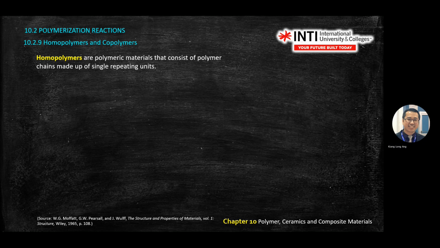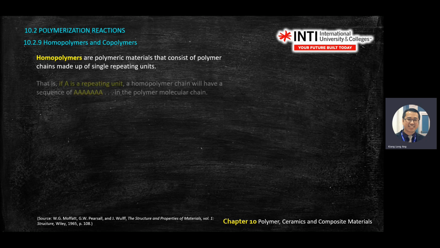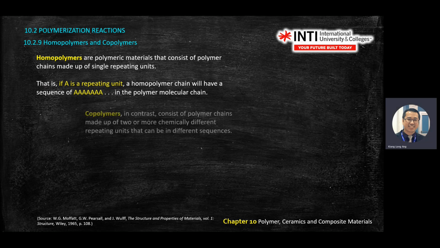Homopolymer. Homo means same. Homopolymer means all the monomers inside the chain are the same, or, textbook-wise, you can say it is a single repeating unit. Let's say you have one unit we label as A, so you have A, a long chain of the monomer.